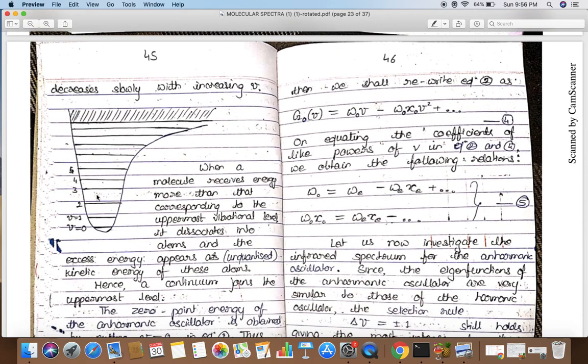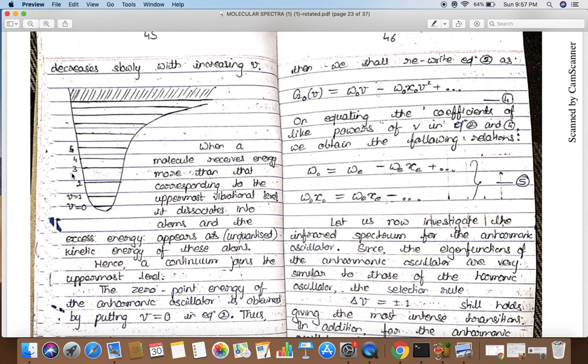Once the molecule dissociates, the atoms are completely separated, and then these atoms gain kinetic energy, and that is why you have a continuous spectrum over here. So the outermost level is connected with the continuous energy band.